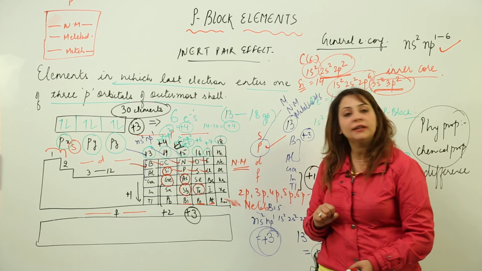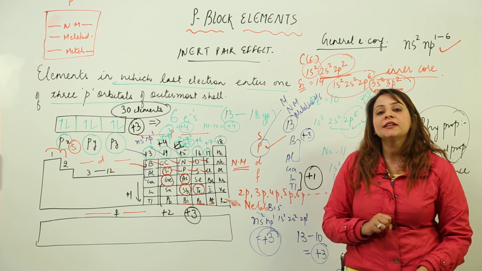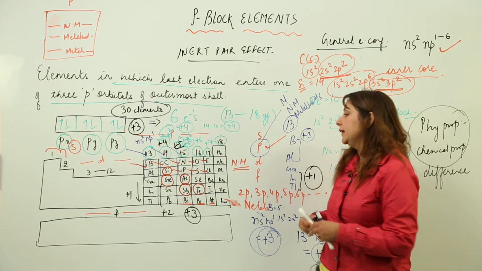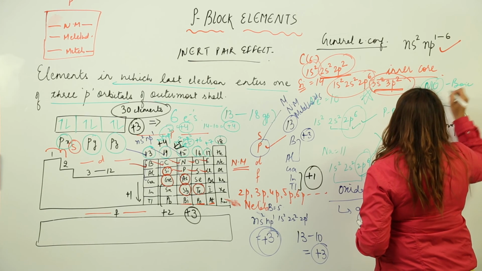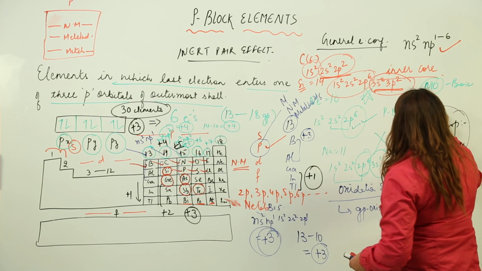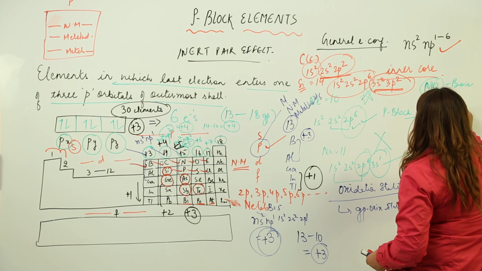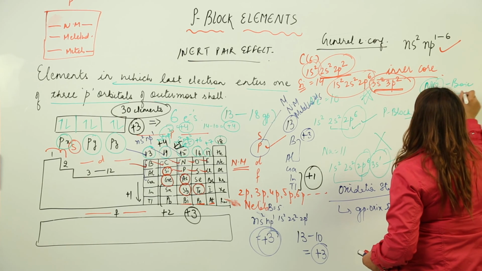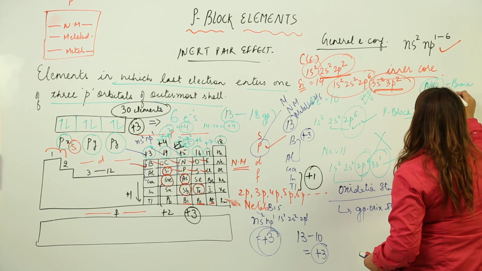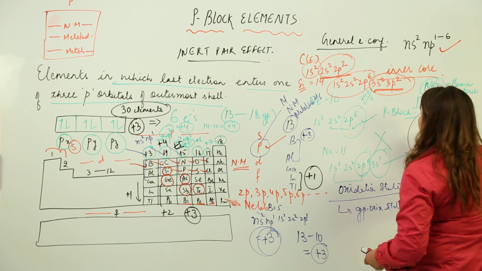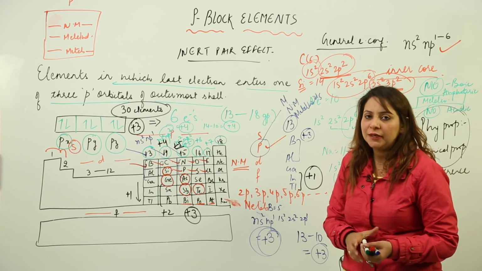And you know about the oxide nature also: metal oxides are basic in nature, non-metal oxides are acidic in nature, and the oxides of metalloids are amphoteric, that means having acidic as well as basic character.